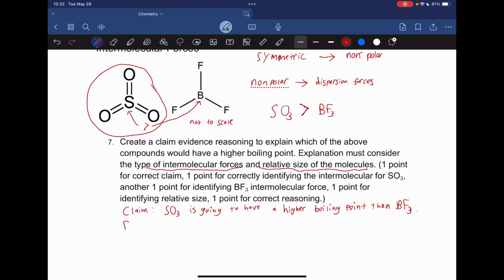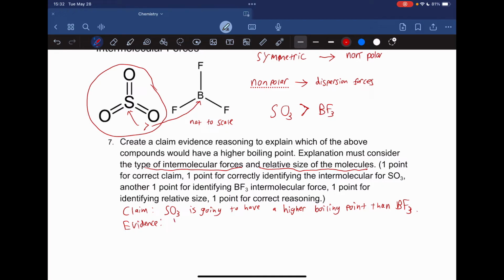The evidence. Here we're going to mention the fact that they have the same type of intermolecular force, and that the size of the sulfur trioxide is larger.